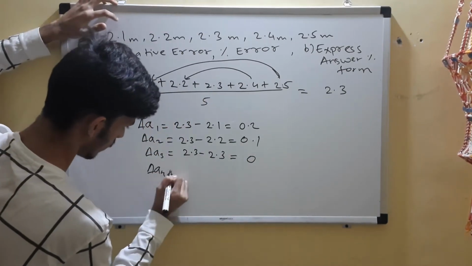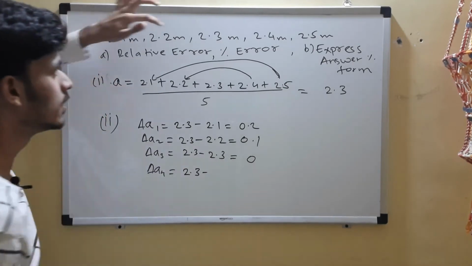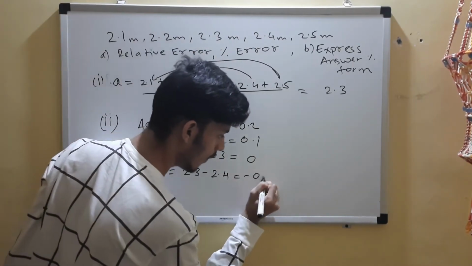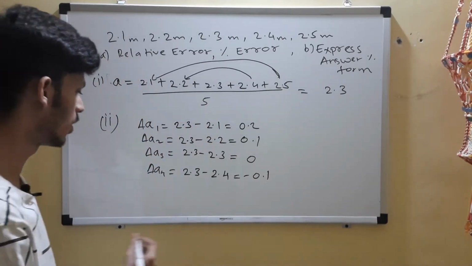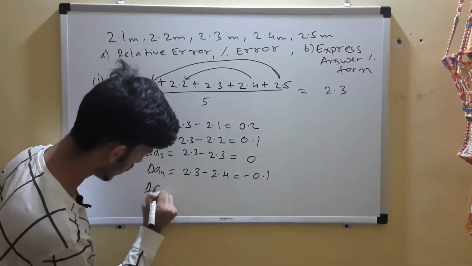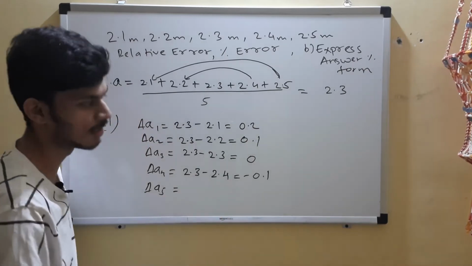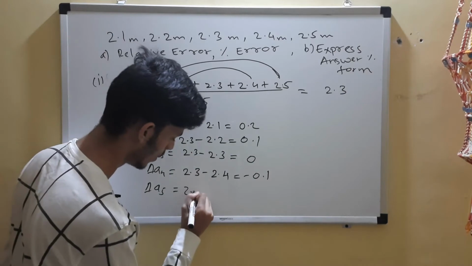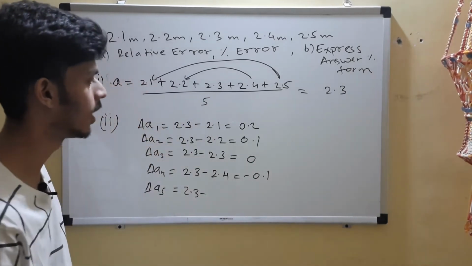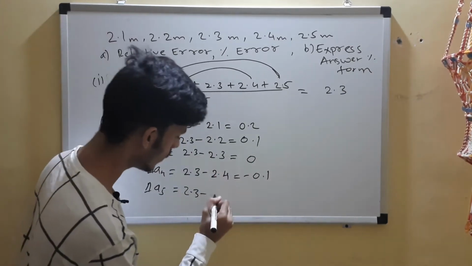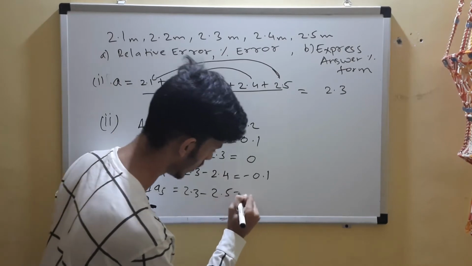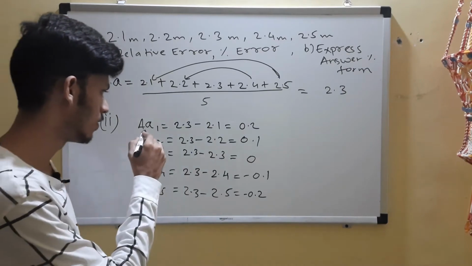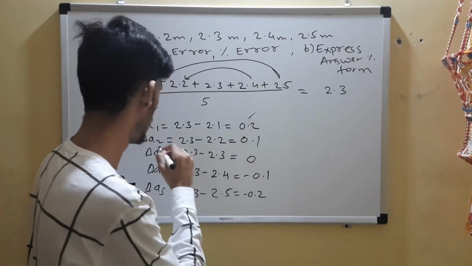A4, 2.3 minus 2.4. So absolute errors can be negative as well. Minus 0.1. And finally we have delta A5. That's the reason we take the mod, because we are concerned about the magnitude of error. So 2.3 minus 2.5, which is minus 0.2. So remember these values, that delta A1 is this, delta A2 is this.